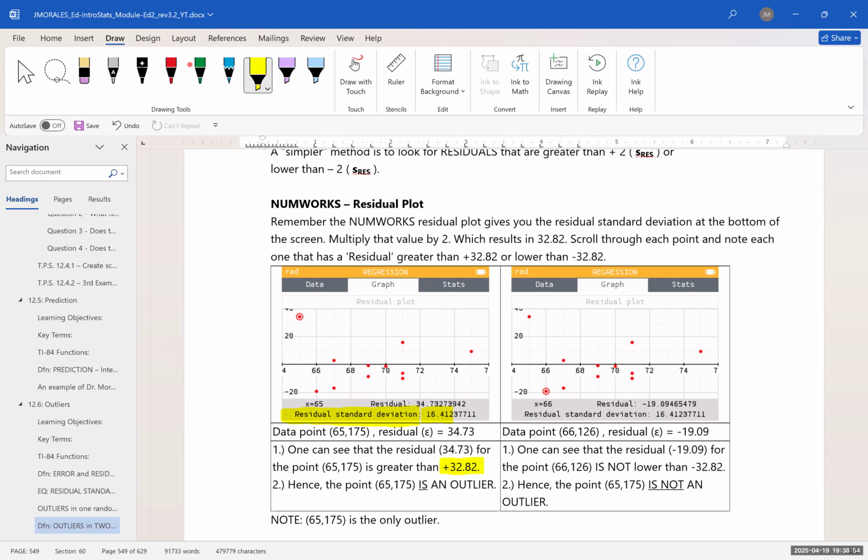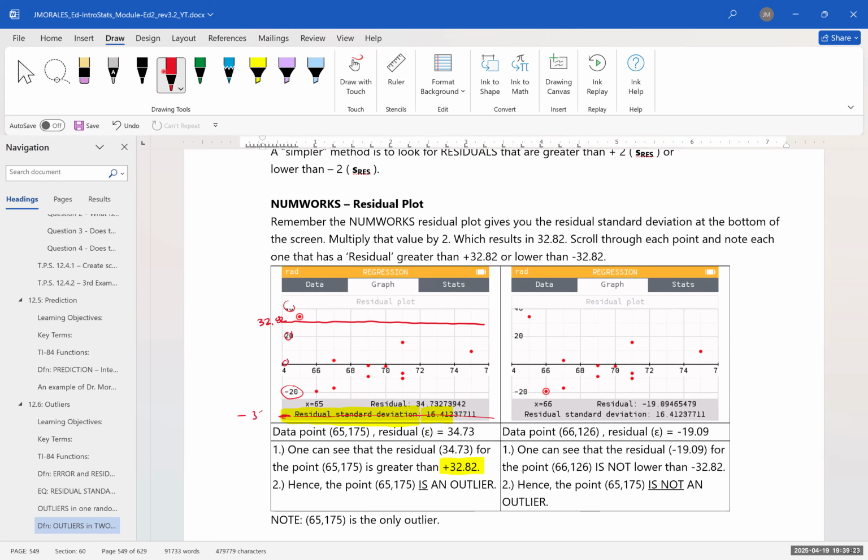And so if you go on this graph, so here's 0, here's 20, there's 40, 32.82 is somewhere right about here. This would be 32.82. And if we go in the opposite direction, here we've got negative 20. I mean, negative 32.82 would be off the graph. It'd be somewhere right about here going that way.